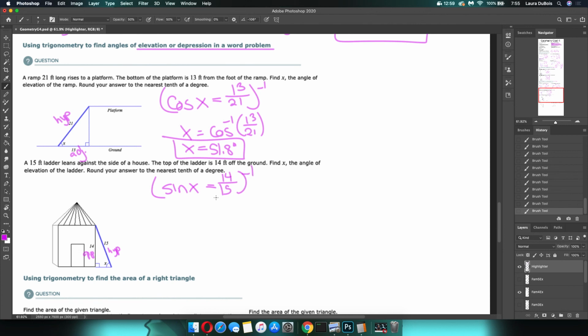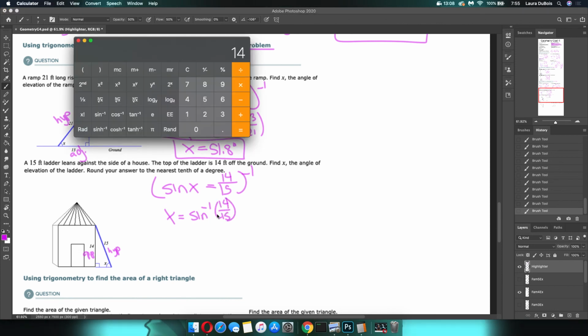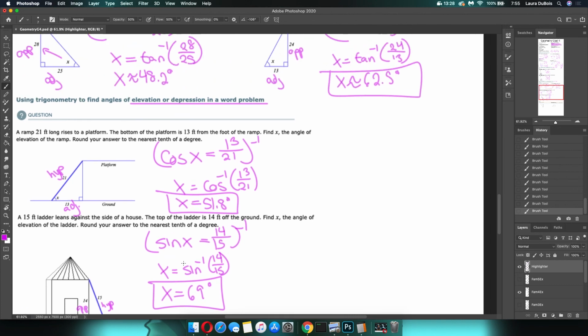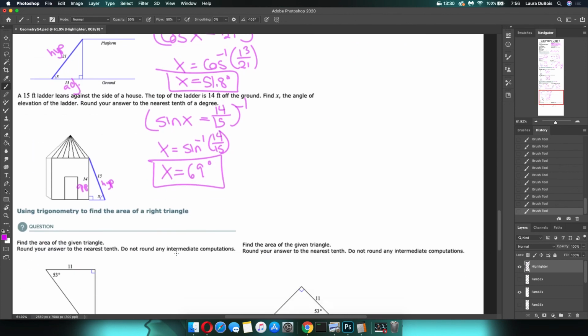We're going to inverse it, so x equals inverse sine of 14 over 15, which is 68.96, so 69 degrees. X equals 69 degrees. Again, you could not do this in the beginning, but now you're getting comfortable with what inverse functions are because you just had four problems doing the same thing.